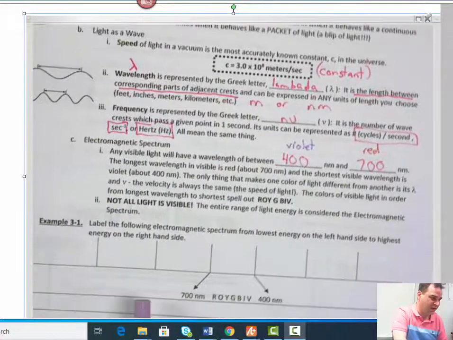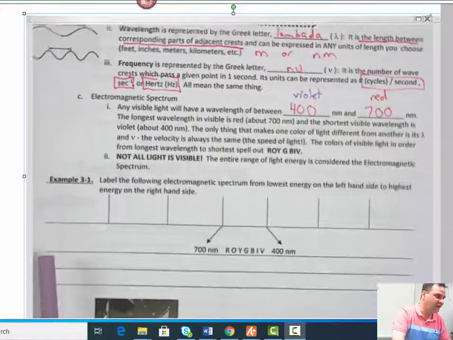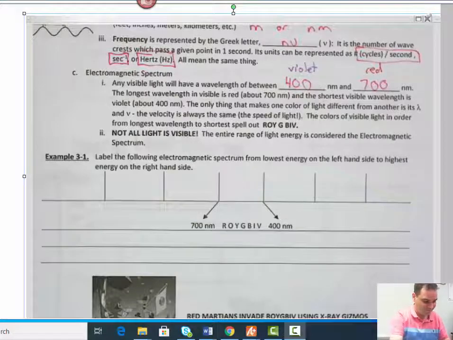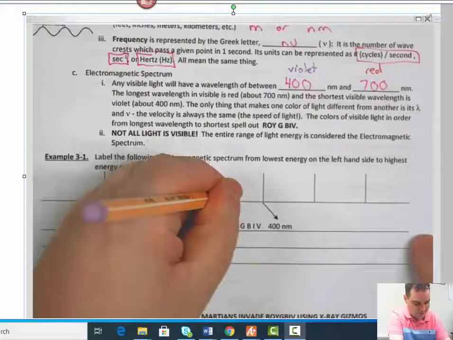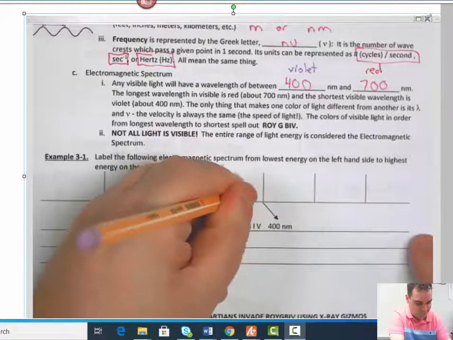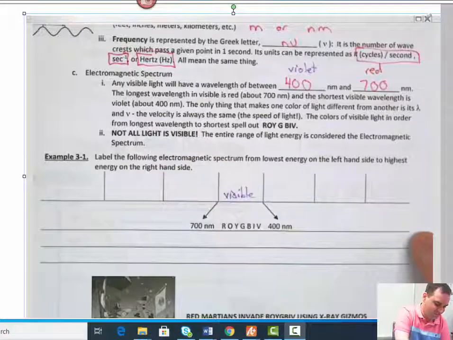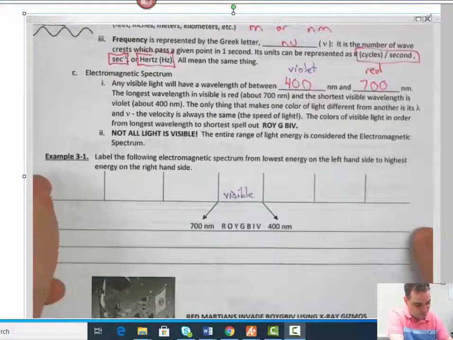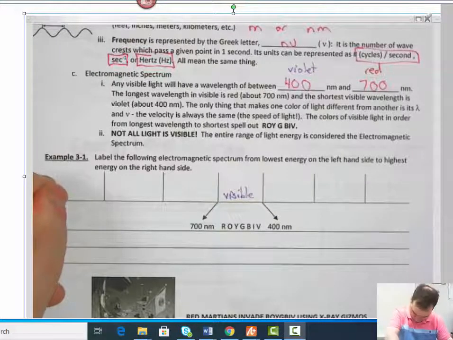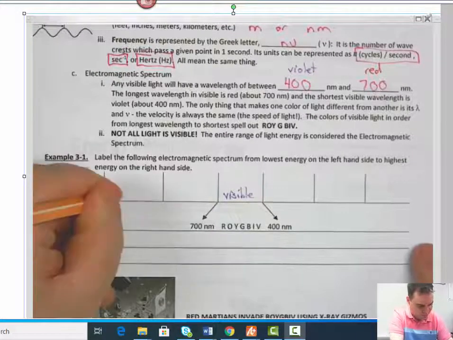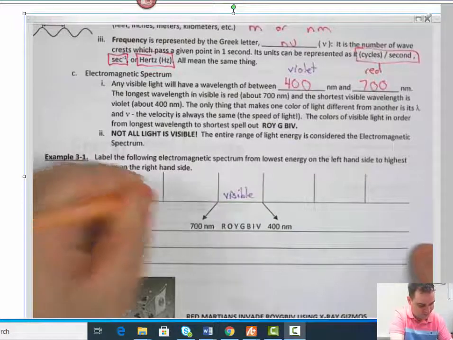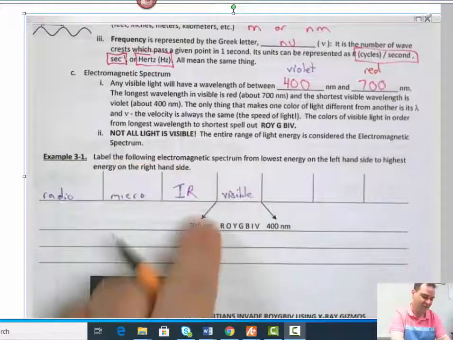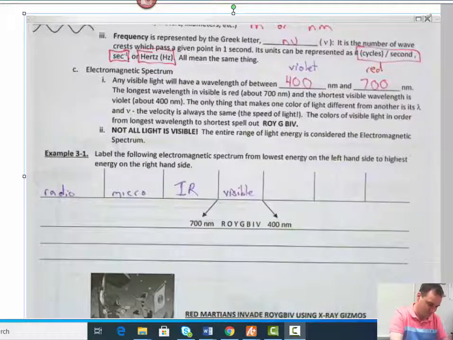Okay, not all light is visible. There are forms of light that are not visible. For instance, here is our visible range right here. The ones with the longer wavelength here would be radio, micro, and then this is infrared, because that's close to the red side, so that's how I remember that's the infrared side, because it's close to red.